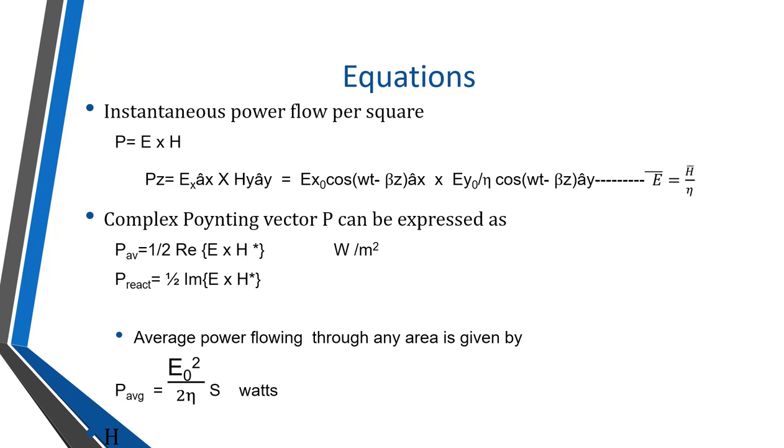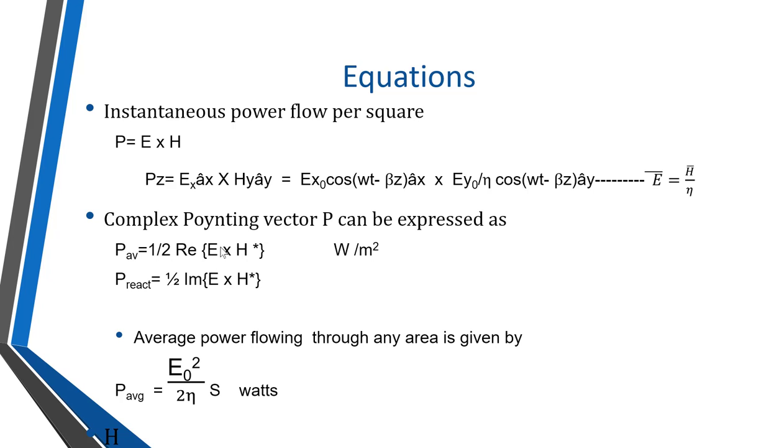If I want to find the average power, then P average is given by half of the real part of E cross H bar complex.